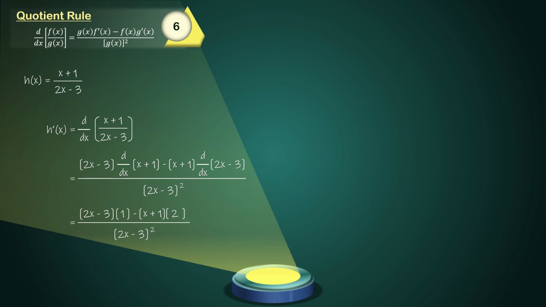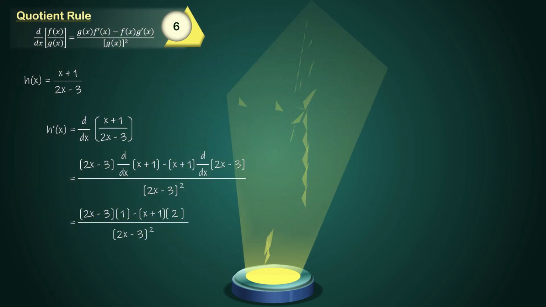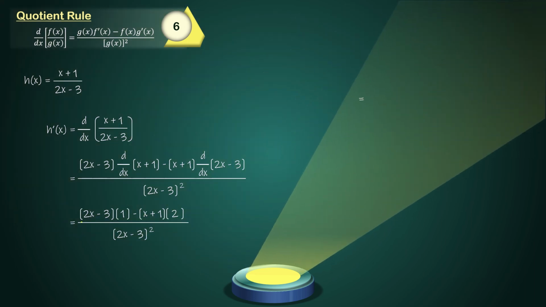Simplify further the numerator. The product of 2x minus 3 and 1 is 2x minus 3, minus the product of x plus 1 and 2, which is 2x plus 2, all over the denominator. Remove grouping symbols. In removing grouping symbols, please be extra careful with each term's sign.